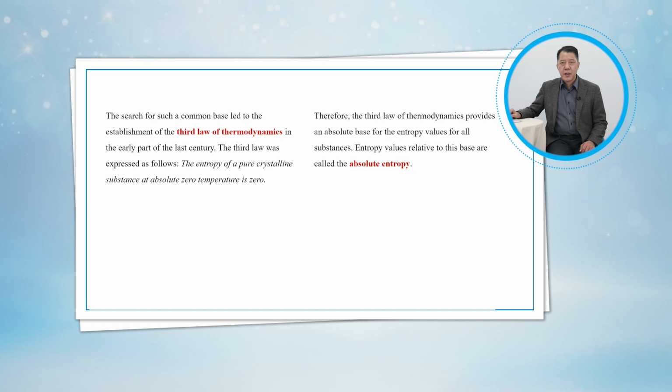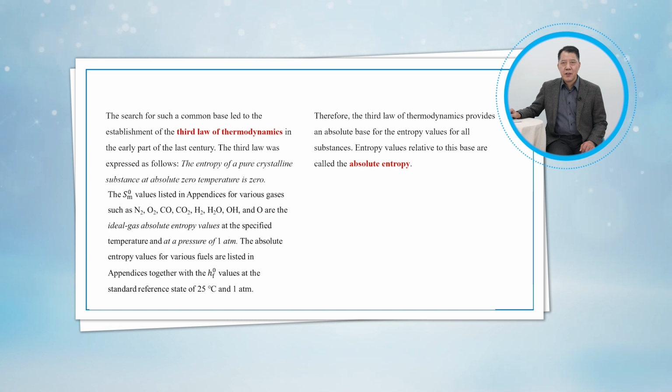Therefore, the third law of thermodynamics provides an absolute base for the entropy values for all substances. Entropy values relative to this base are called the absolute entropy.